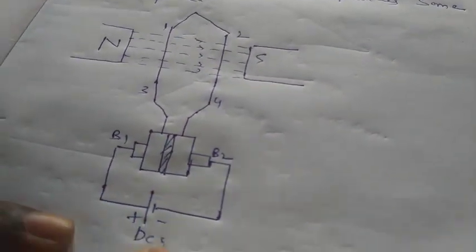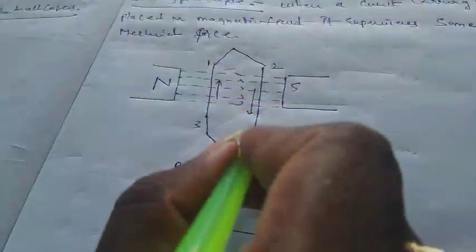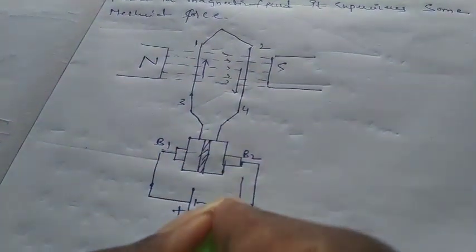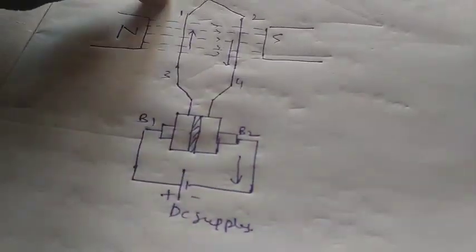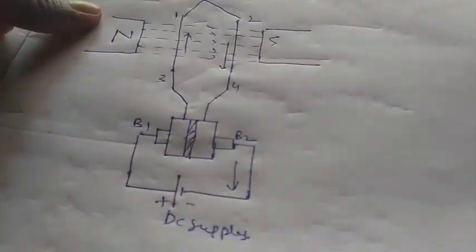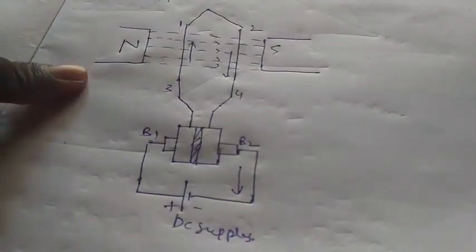Here I am giving DC supply: the positive supply goes through B1 to the commutator and conductor 3, and the current returns through 2 and 4 to B2. A current carrying conductor placed in a magnetic field experiences some mechanical force. So this is the working principle.